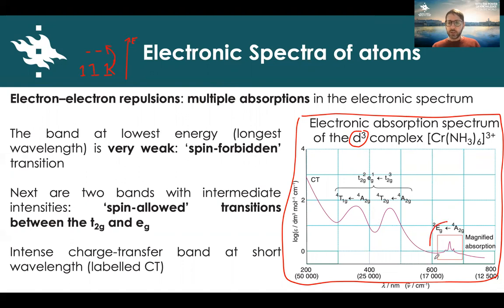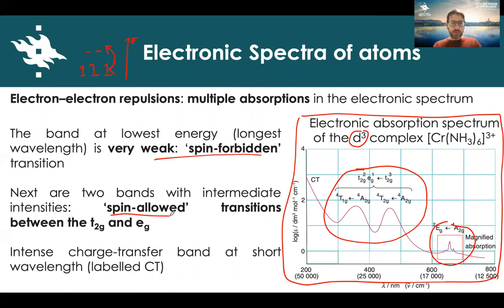So first, in this region here, in which we have higher wavelengths or lowest energy, we have very weak bands that are spin forbidden transitions, that we will understand in the next slides. In this region, these two bands have intermediate intensities.